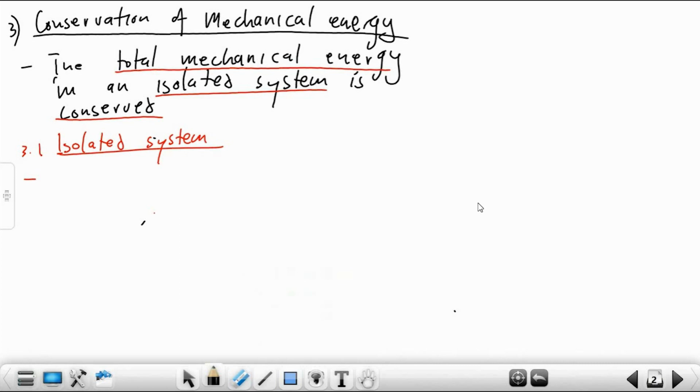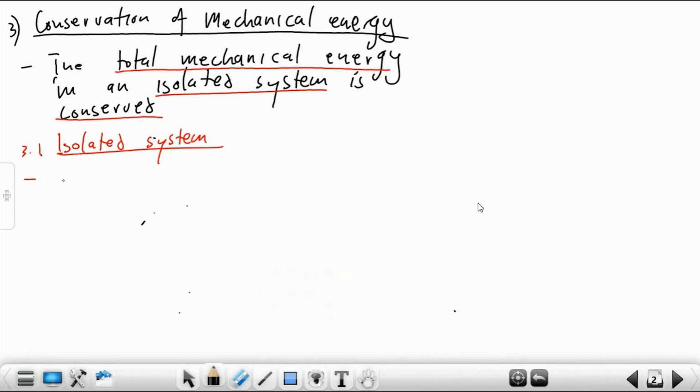So for one to say we have conservation of mechanical energy, it means we should not have any form of friction. So let's write it down for you to be able to remember.